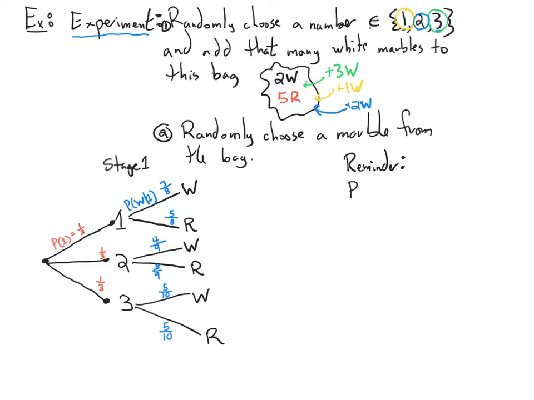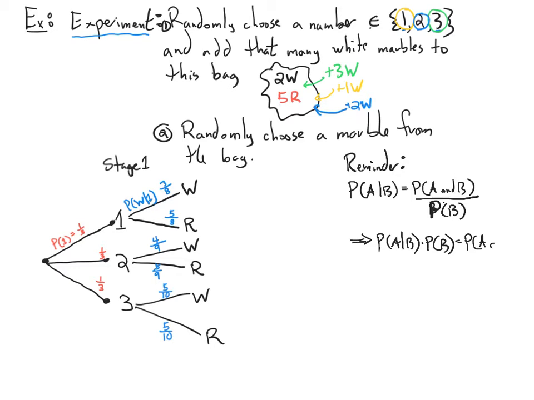If you remember from conditional probability, the probability of A given B is the probability of A and B over the probability of B. And I can multiply both sides by the probability of B, and I get the probability of A given B times the probability that B happens equals the probability of A and B.